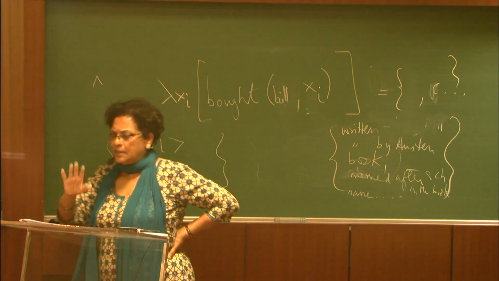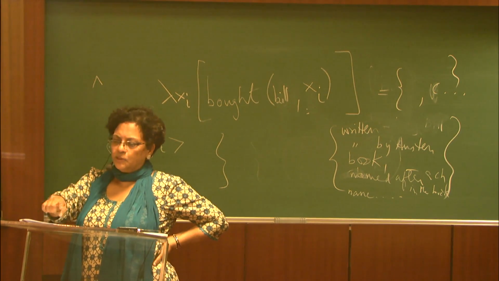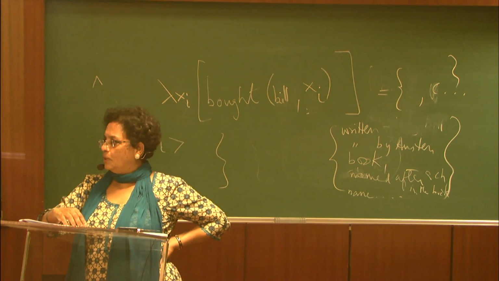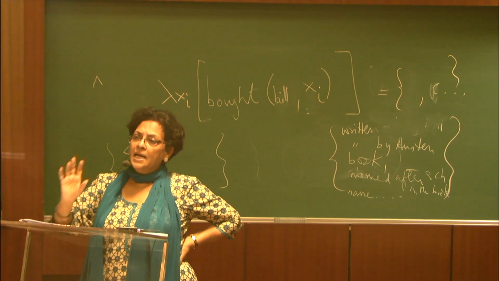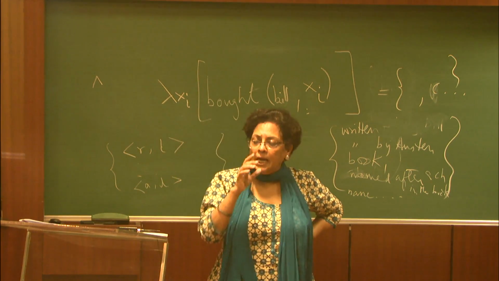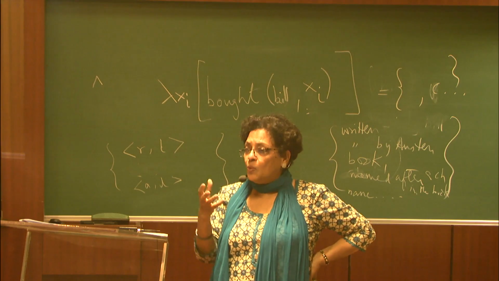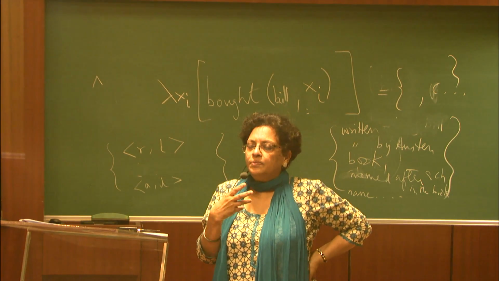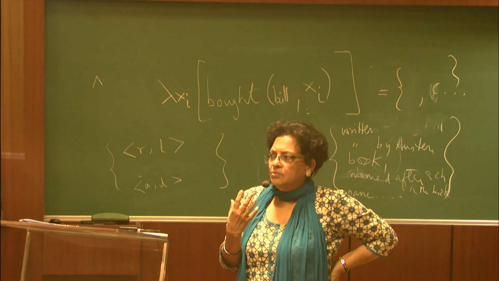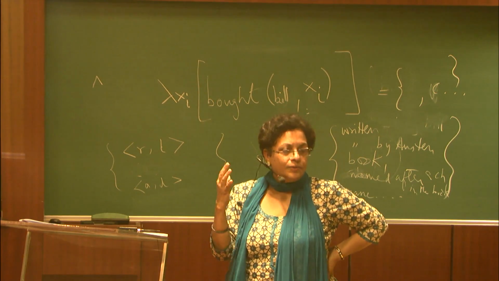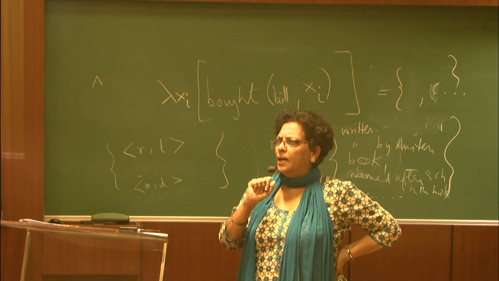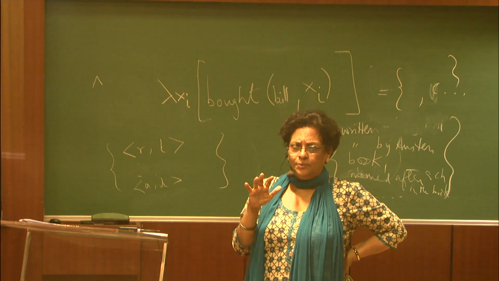I'm doing it for a WH question first because it's the closest analog to a QR position. Again, I'm presenting the one theory of questions that seems to me to have the most relevance, or gives you the most coverage.